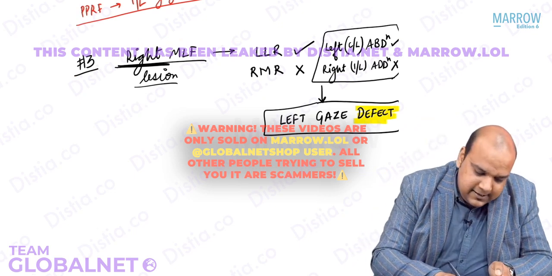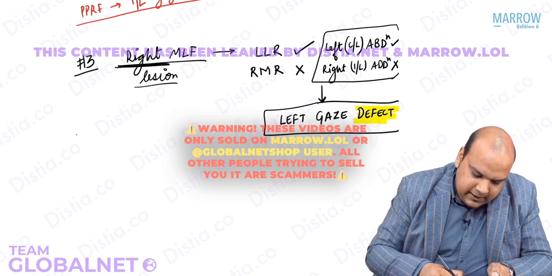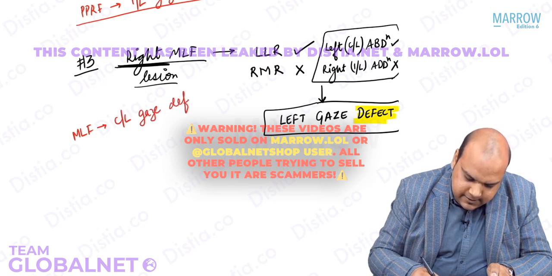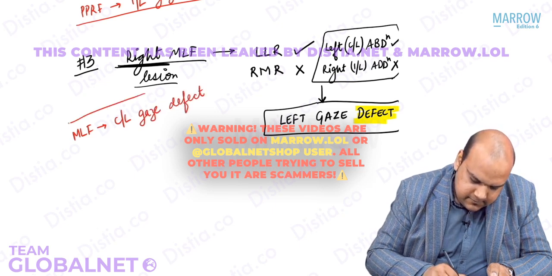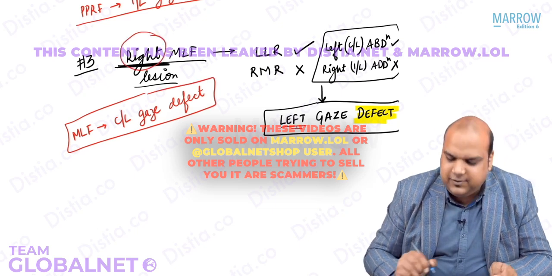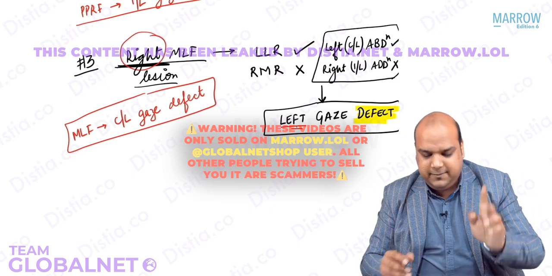So, can I say now MLF leads to contralateral gaze defect? Right MLF, left gaze defect. Clear, everybody?